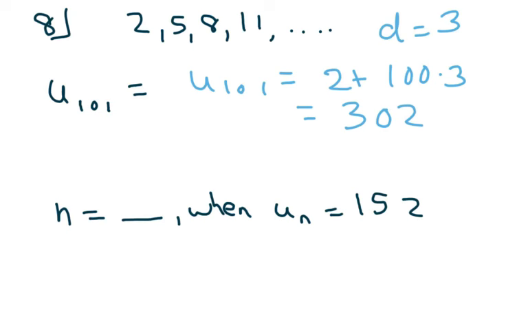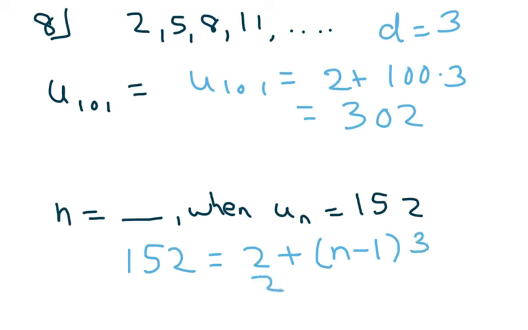It says a sub n is 152, then find n. So if I have 152 equals 2 plus 3 times n minus 1, I don't know my n, and my d is 3, you just solve. So that's going to be 2 plus 3n minus 3. So we get 151 equals 3n. So n is 51.